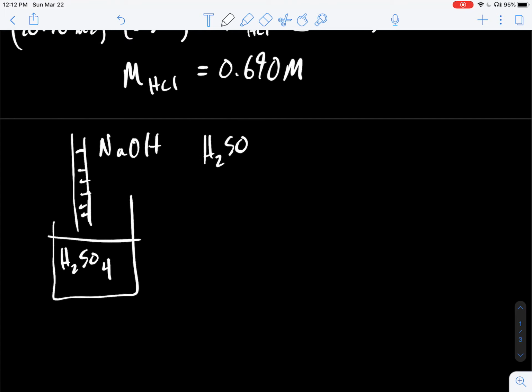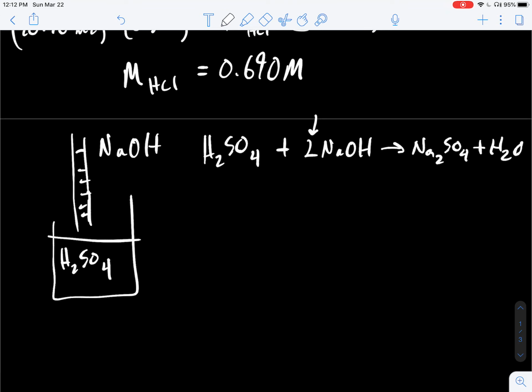H2SO4 is a diprotic acid, so it's actually going to react with 2 moles of NaOH per 1 mole of acid, and you get your salt, Na2SO4 plus H2O. Same type of neutralization reaction. But importantly, this 2 here.